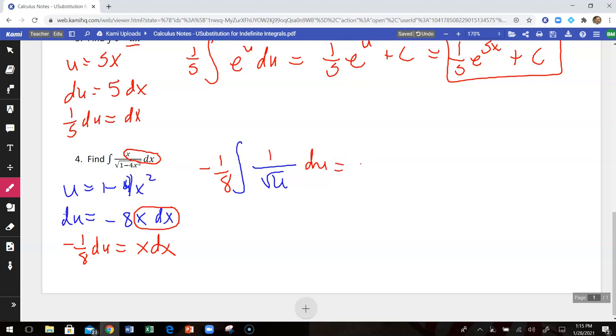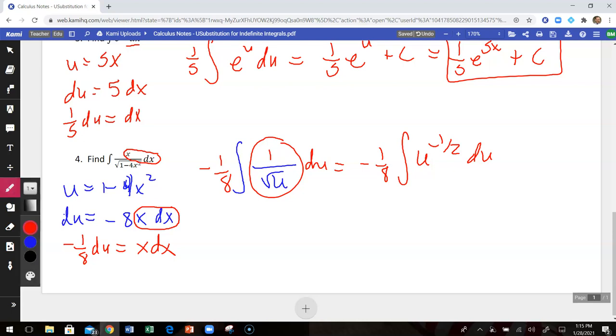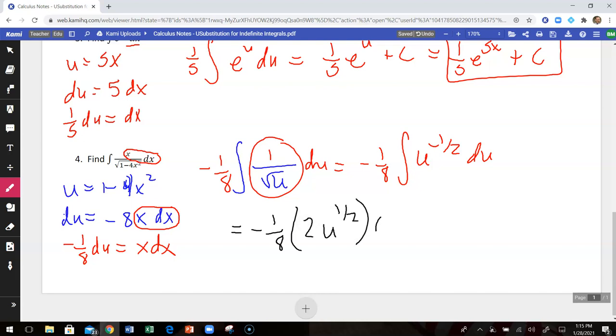So that becomes negative 1/8, the integral of, I'm going to rewrite this, 1 over the square root of u, which would be u to the negative 1/2 du. Now I can take my antiderivative, which would be negative 1/8. The antiderivative of this would be add 1 to the exponent, put the reciprocal of that out front, so that's going to be 2u to the 1/2, and then plus c.